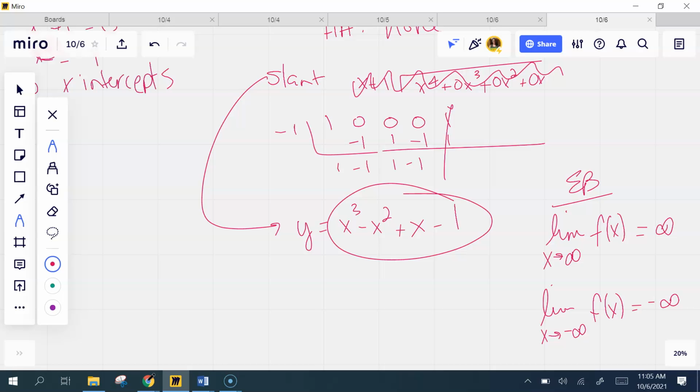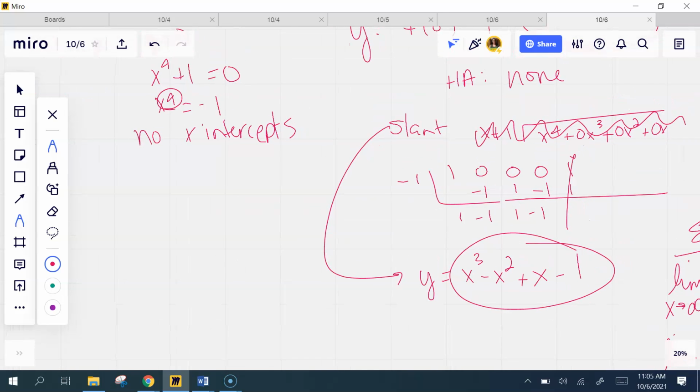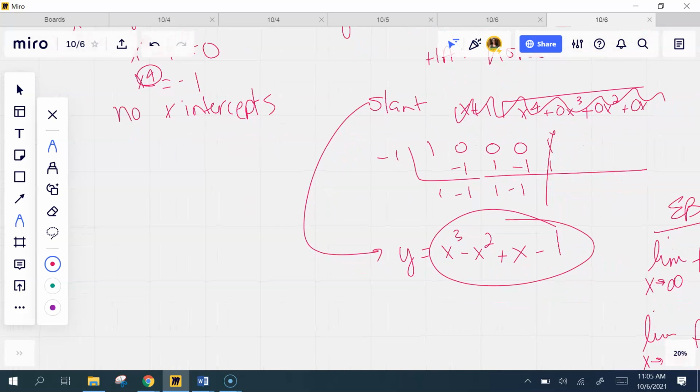So that's not end behavior, that's the definition of the vertical asymptote. Will you have to do that right now? No, but will you have to know what that means for specific questions on your test? Yes.